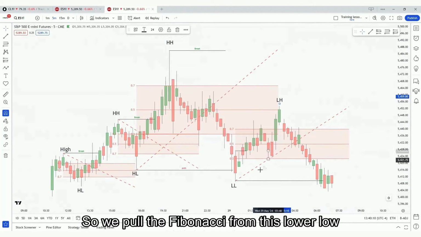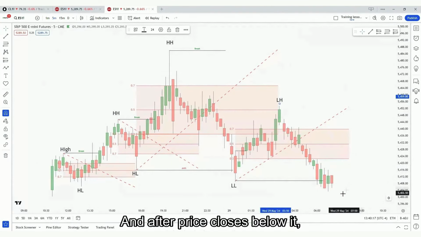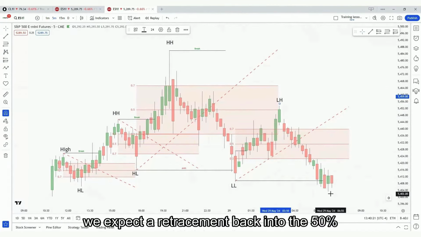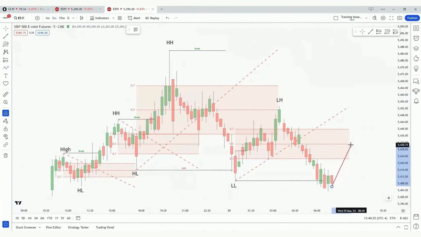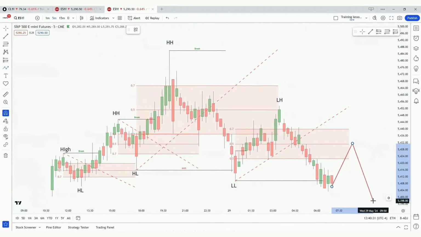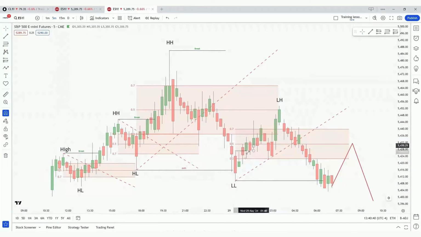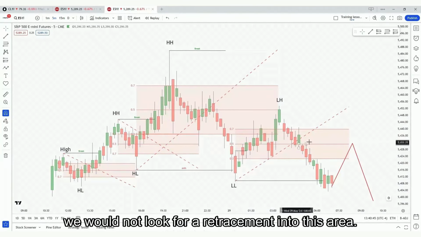So we pull the Fibonacci from this lower low that got broken by this body close to this lower high, and after price closes below it, we expect a retracement back into the 50% and then continuation of the downtrend. And again, if this retracement here was not valid, we would not look for a retracement into this area.